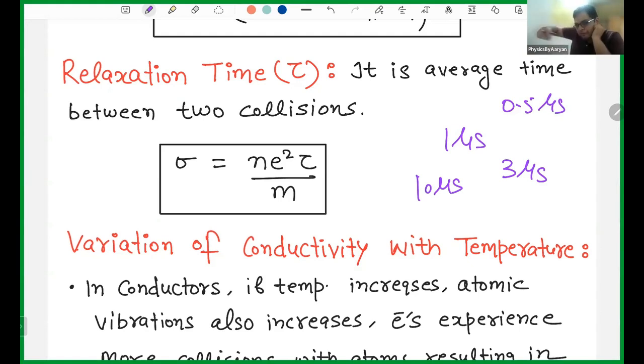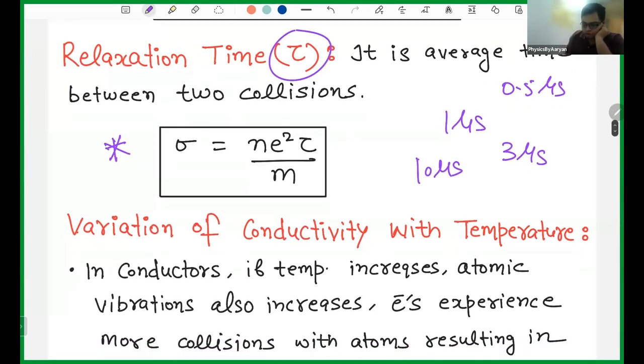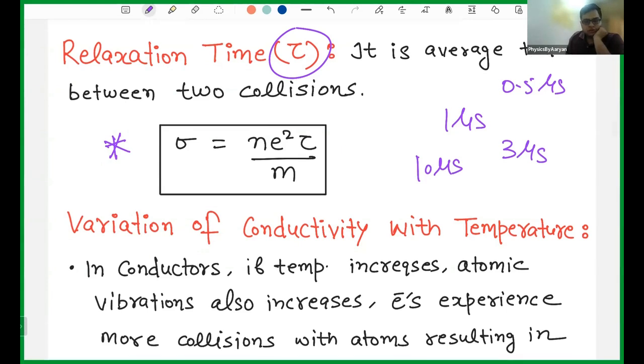So there will be some average of all these times. So what is the average time between one collision and another? The symbol of relaxation time is tau, and the formula is that conductivity equals N e squared tau by m. m is the mass of electrons. So this is the situation.